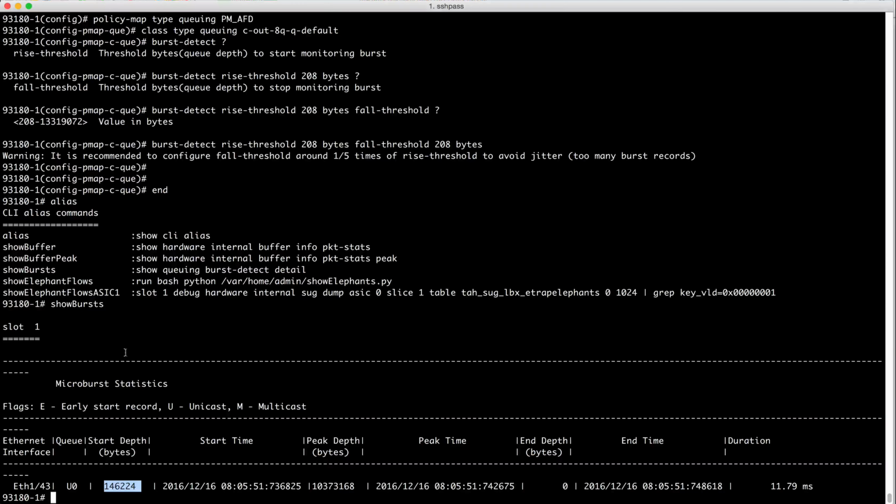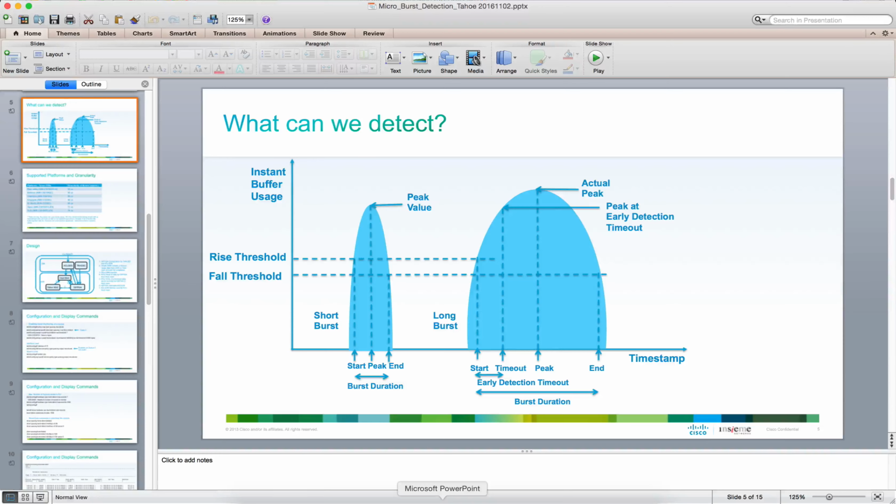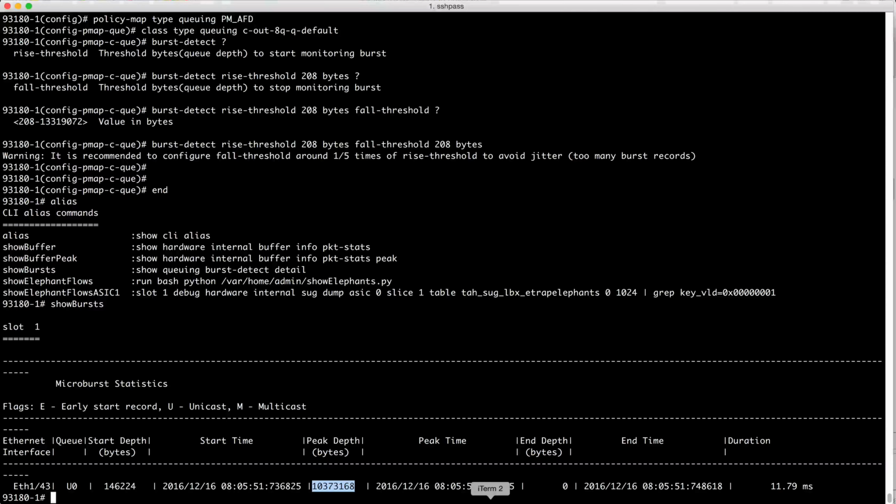So when we started to notice it, this was the number of bytes in this queue at this time. This is the time when it started, and this is the peak depth, the maximum amount of bytes we've seen in the buffer for this burst. So it corresponds to the peak value you can see here.